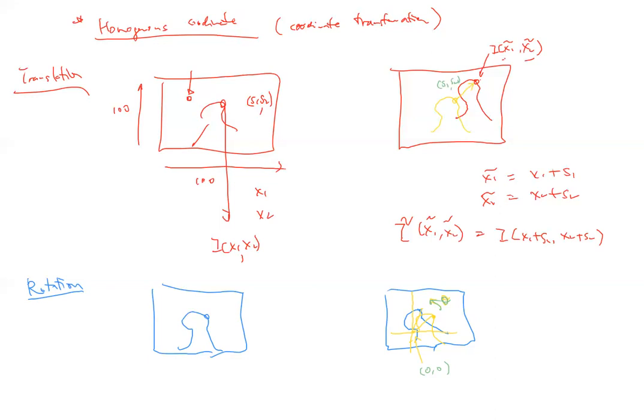So if you have the original coordinate, let's say again x1, x2. Now the new coordinate, let's say x1 tilde, x2 tilde. Then x1 tilde will be just equal to x1 cosine theta minus x2 sine theta.